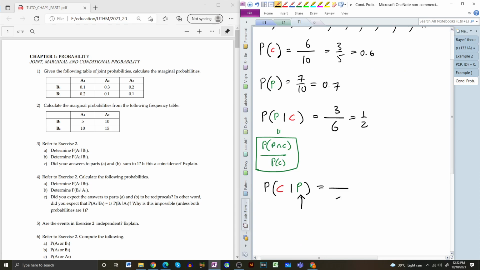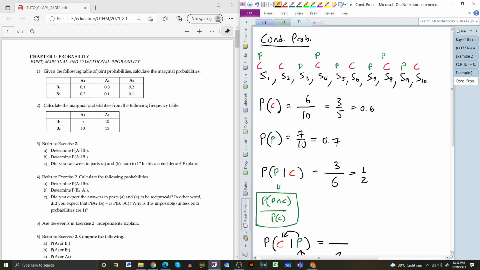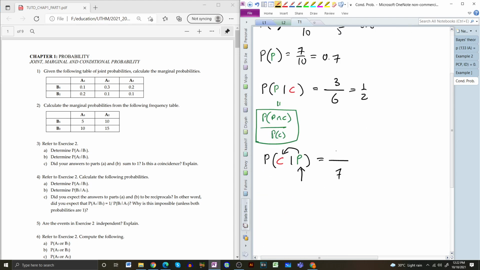Out of 7, how many of them are curly? Again, 1, 2, 3. So the probability changes, you see. This one we won't get a nice decimal number. Just leave it as a fraction.